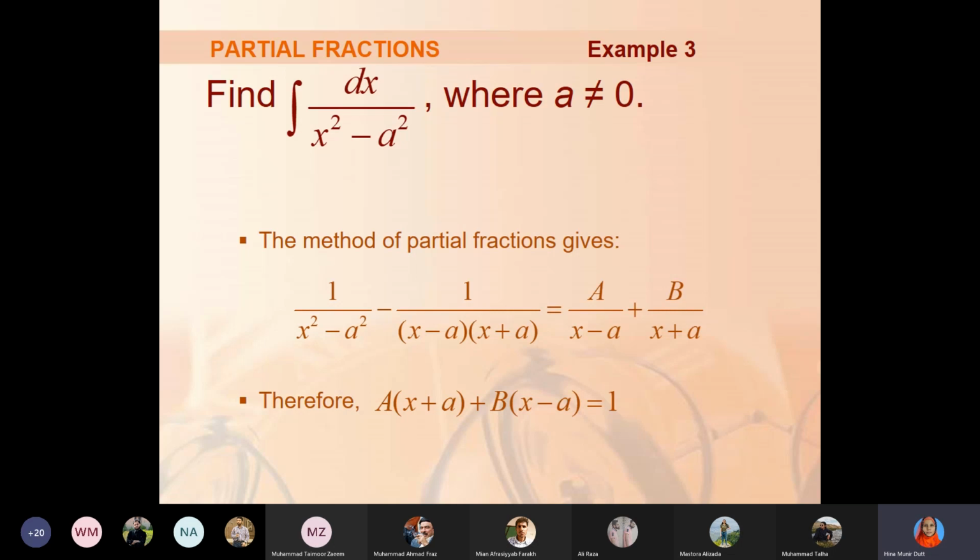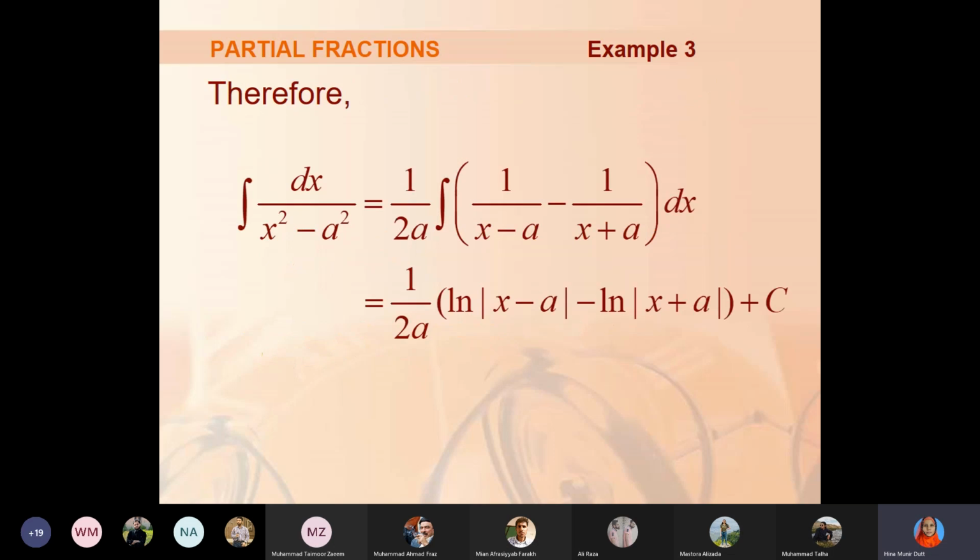So don't forget about the small a. So these are the values of the unknowns.